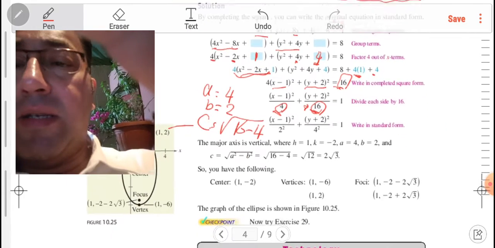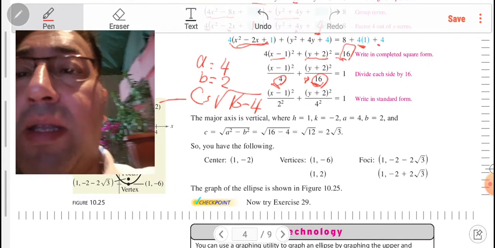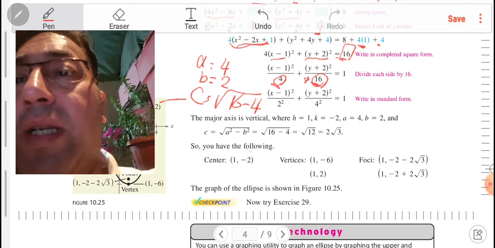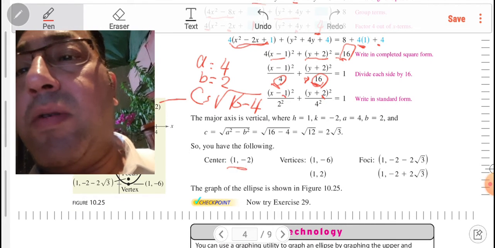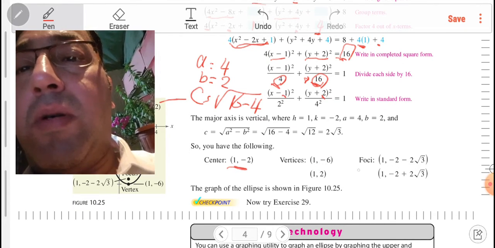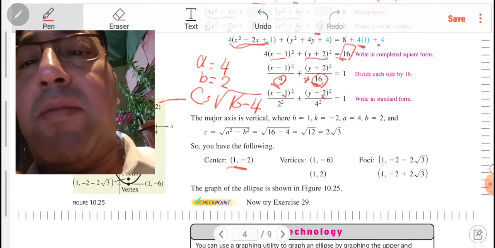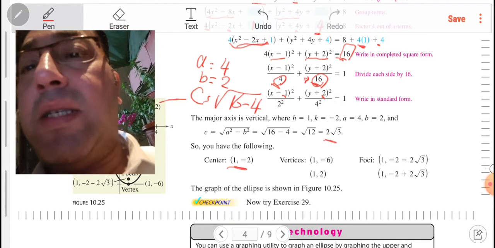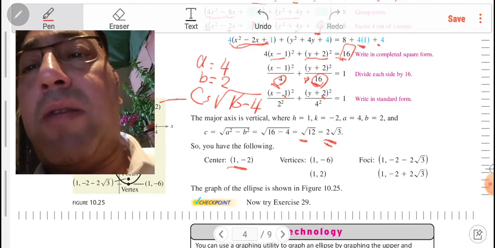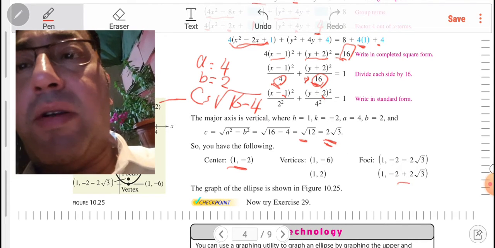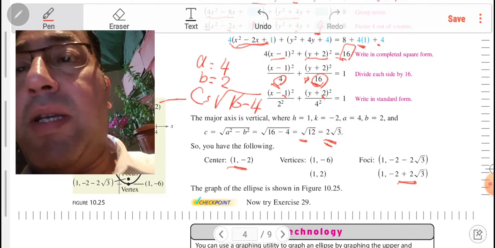Again, the center becomes (1, negative 2). Okay, and the foci are the same: (1, negative 2 minus root 12) and (1, negative 2 plus root 12). Root 12 is 2 root 3. Is it okay?